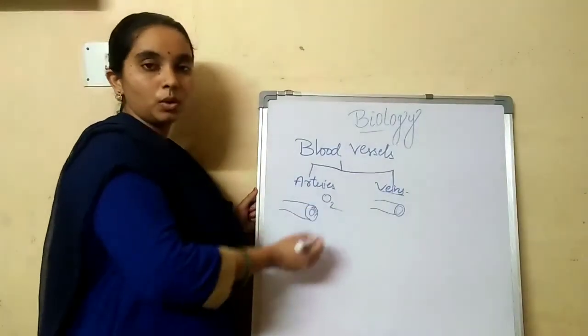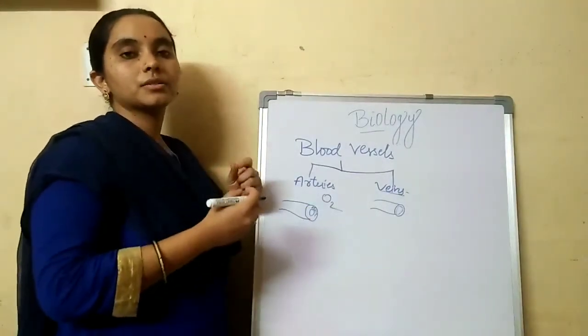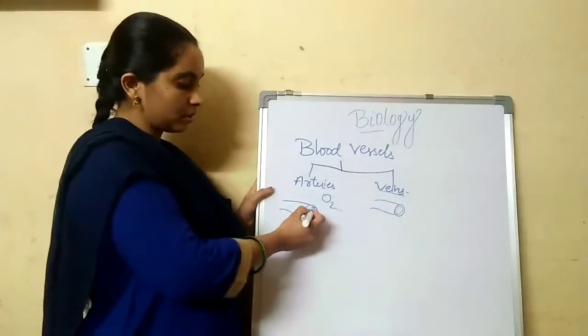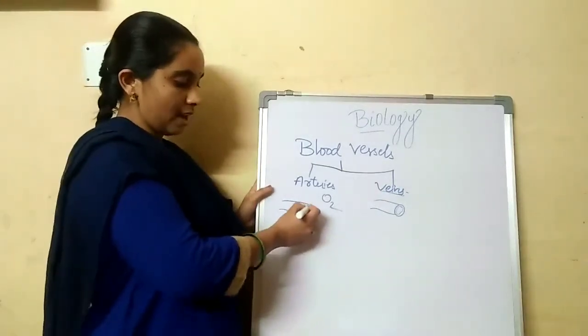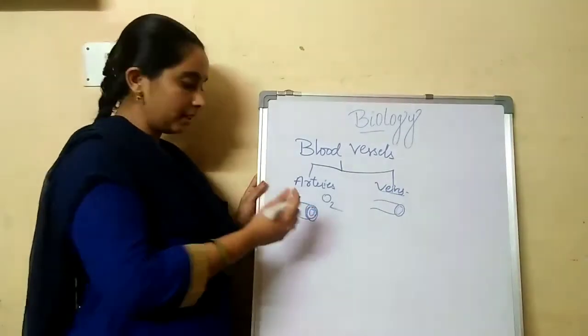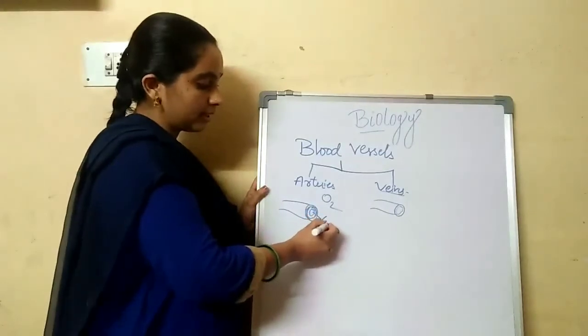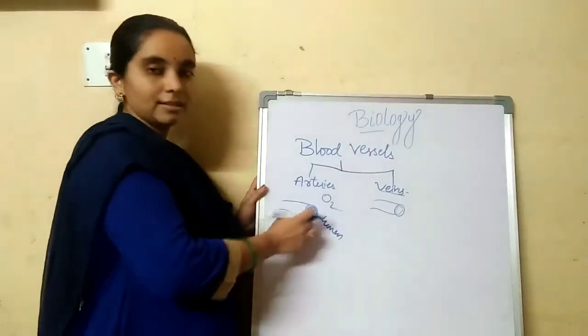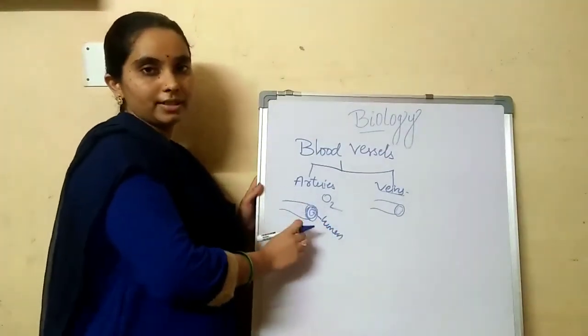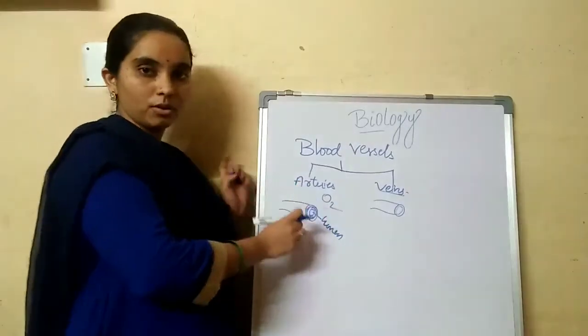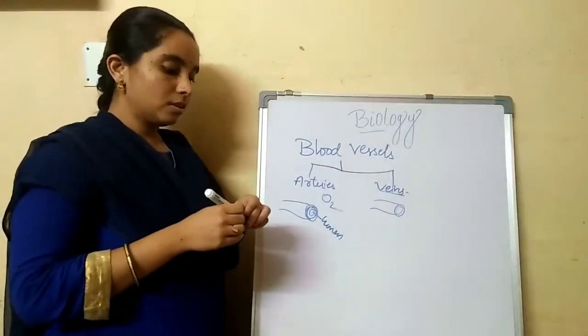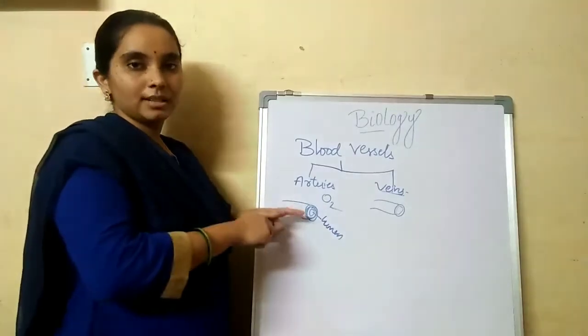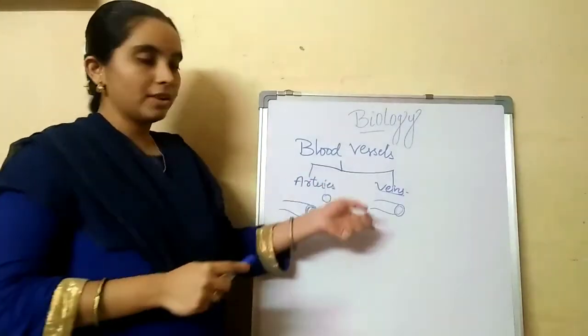The blood vessels have to bear that pressure, so the walls of these arteries will be thicker and the lumen, that is the space inside the blood vessel in which the blood flows, is very small. So the pressure is high in arteries when compared to veins.